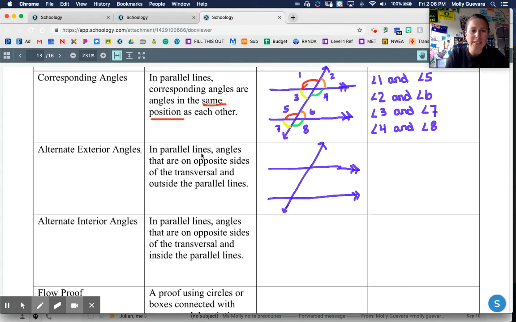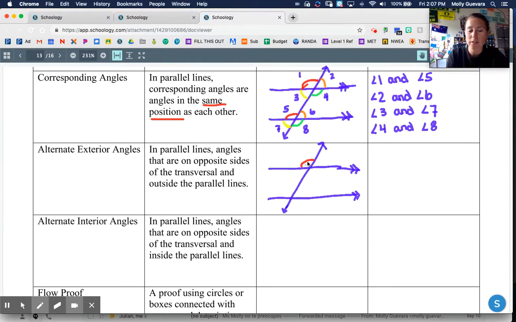Alternate exterior angles are angles that are on opposite sides of the transversal and outside the parallel lines. Okay, so first of all, it's outside the parallel lines. So this is outside the parallel lines, right? It's on the outside of them, not the inside. So on the outside of the parallel lines and on opposite sides of the transversal.